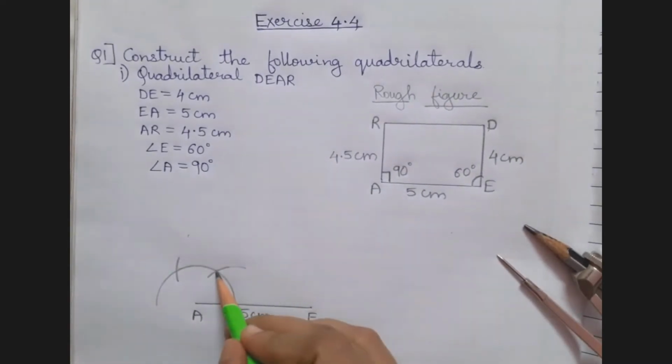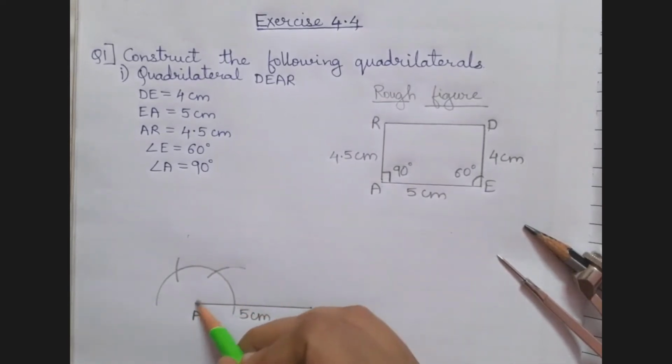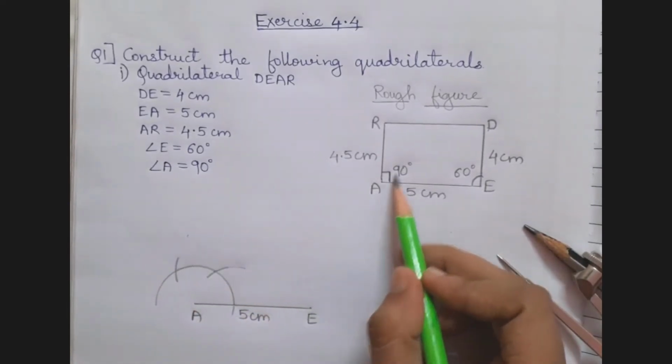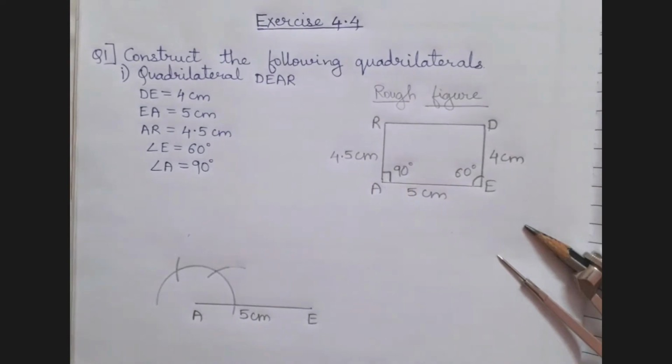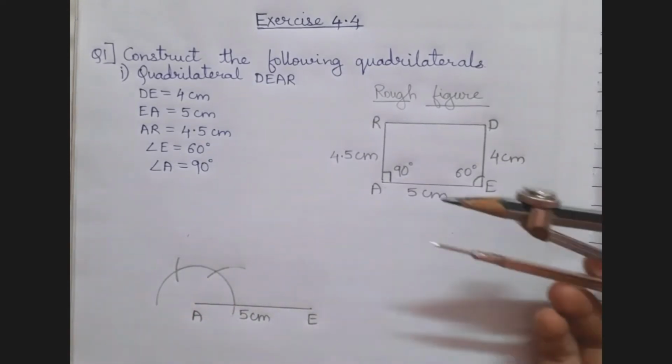So this is 60 degree, this is 120 degree and the entire thing will be 180 degree. But here we want the angle of measurement 90 degree. And we know when we bisect this arc which lies between 60 degree and 120 degree, we get 90 degree.